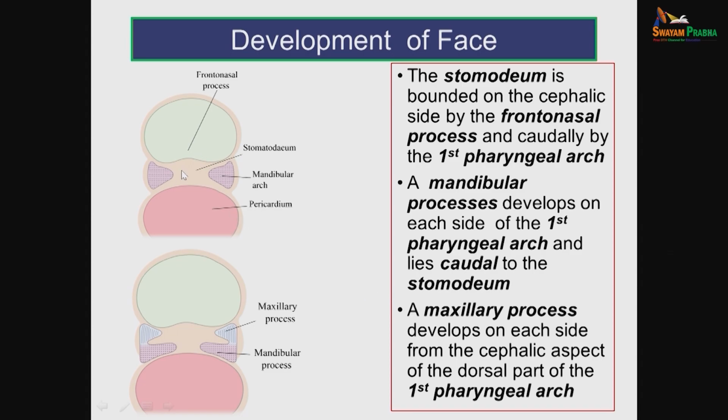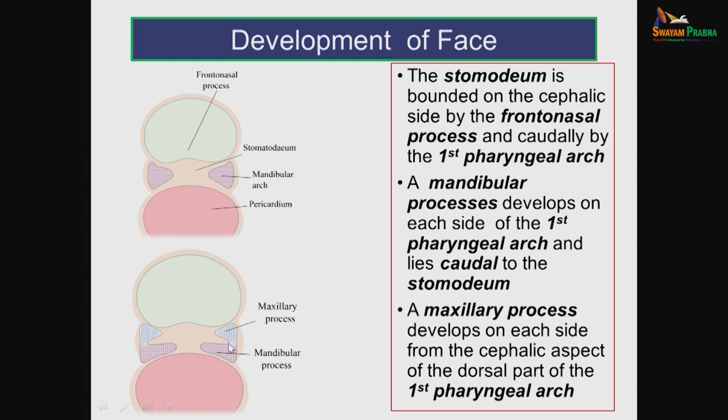If you look at this picture, this is the stomatodium, which is the future mouth. This is bounded on the cephalic side by the frontonasal process. Caudally, it is bounded by the first arch, which is the mandibular arch. This mandibular arch is going to divide into 2 processes, maxillary and mandibular process. A mandibular process develops on each side of the first pharyngeal arch, and it lies caudal to the stomodium.